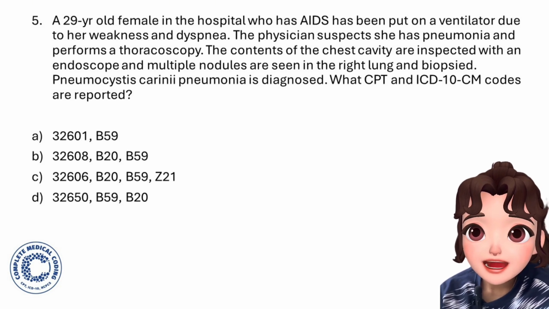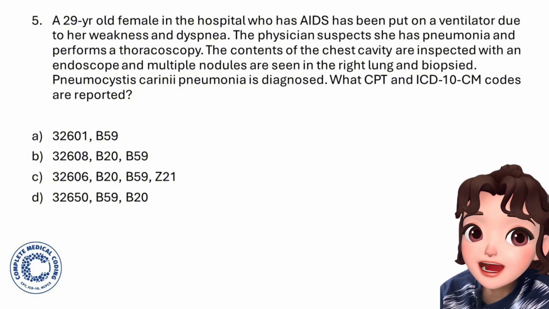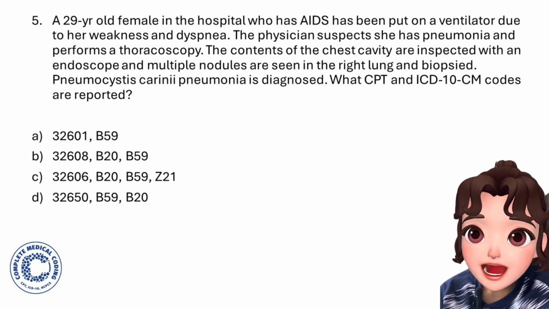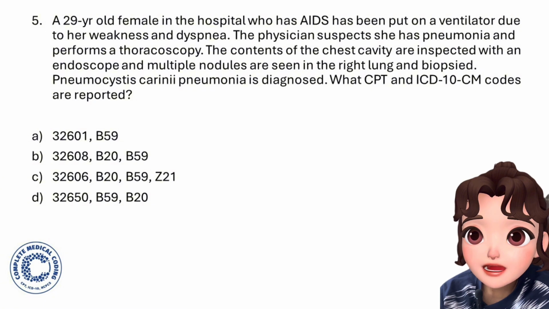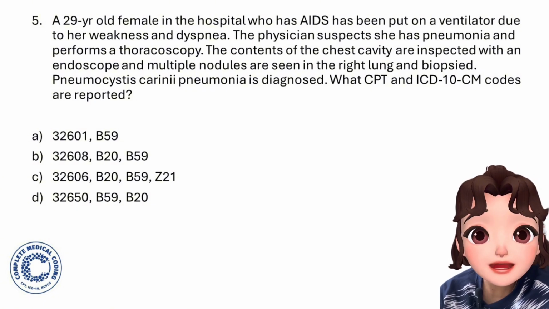Since HIV is present, you have to code for HIV. What is the code for HIV? B20. B20 is the code for HIV. And if you check option C, what is Z21? Z21 means asymptomatic HIV.